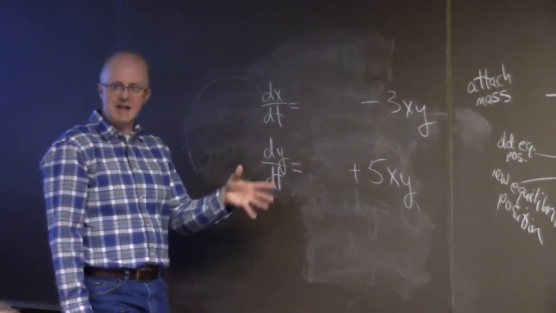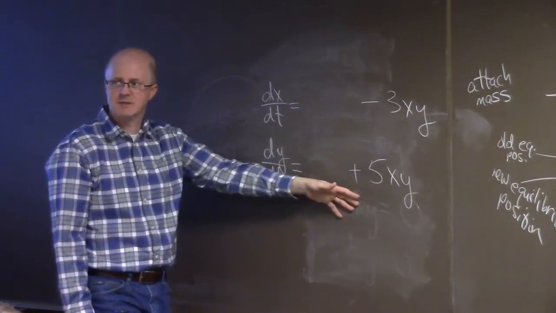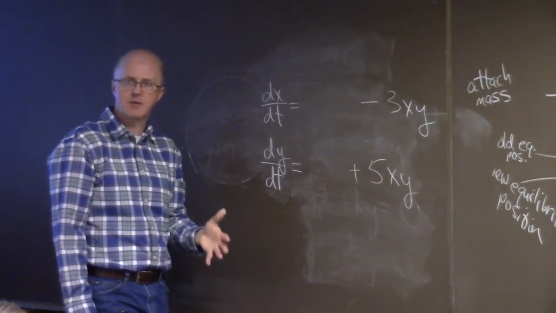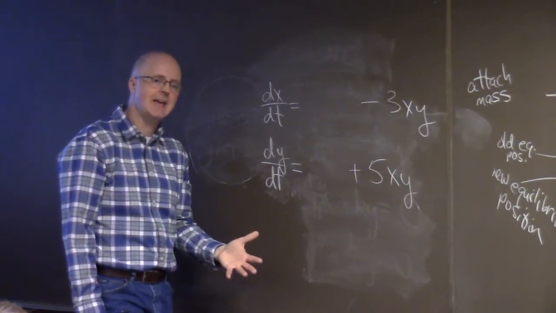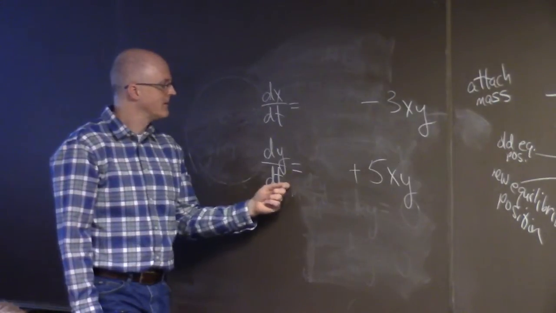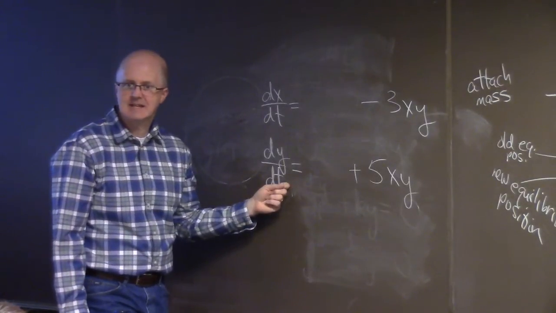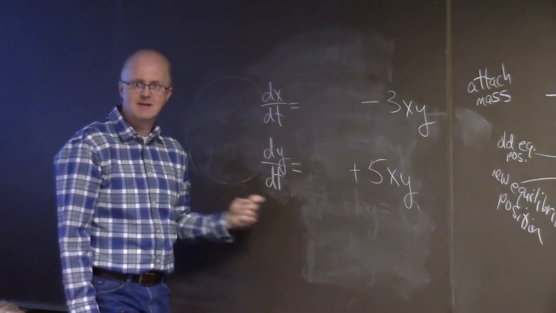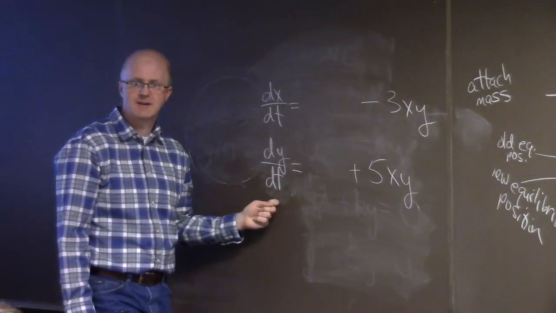But the model's not done. These are the interaction terms. We also need terms that reflect the growth of the predator-prey, or maybe the decay, in the absence of the other one. The predator doesn't have anything to eat. That's not good, right? There's no prey. It's not good for the predator or its growth rate.